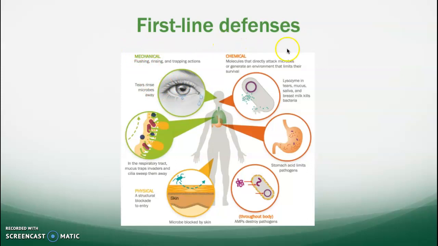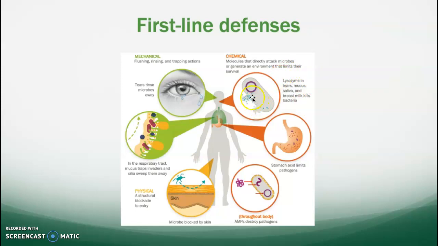We also can have chemical lines of defense. These would be molecules that can directly attack microbes or make an environment that limits the survival of a pathogen. Lysozyme is a chemical that is found in your teardrops. It's also found in mucus and saliva, and often it is found in breast milk. It's a chemical that can actually kill microbes.